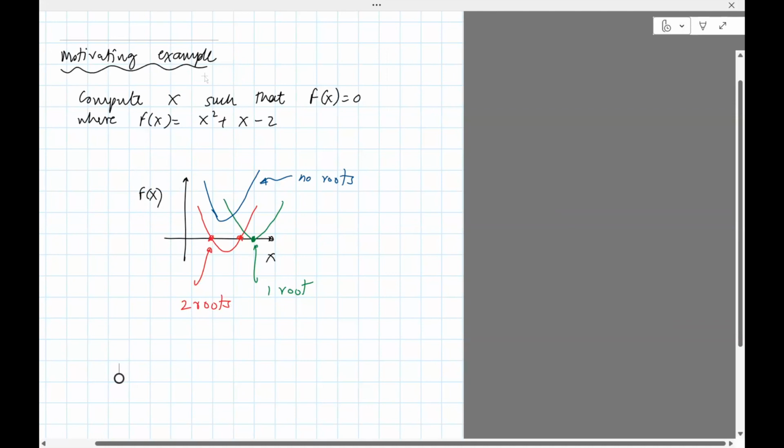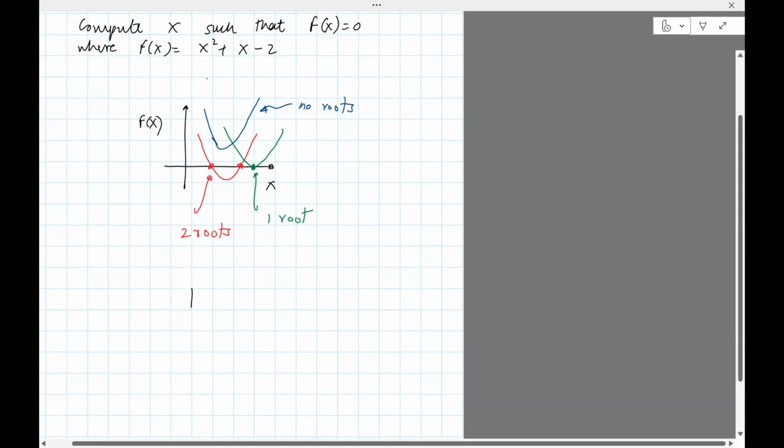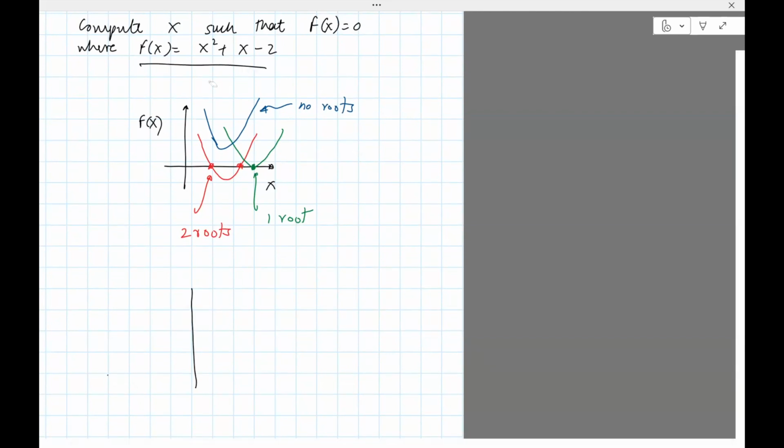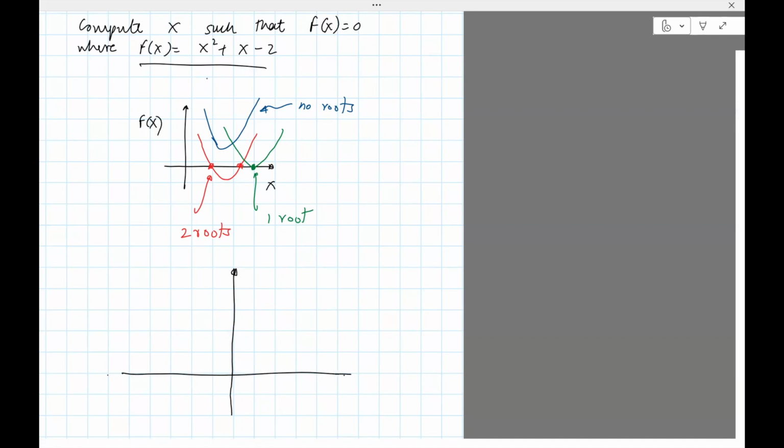Okay, now clearly the best way to find the roots of a quadratic equation, for that matter any equation, is to just plot it. Just make a plot of f of x. So if you draw f of x as a function of x, I'm sure your calculator can do this.